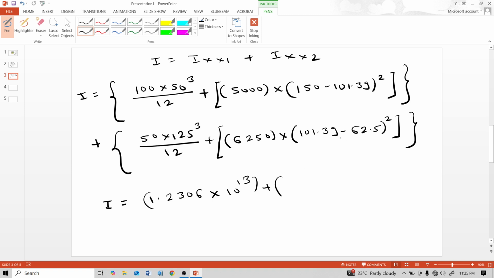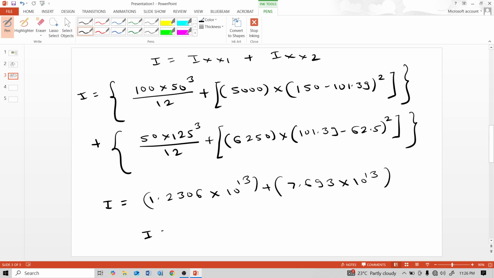Plus the second part: 101.39 minus 62.5 squared, multiplied by 6250, multiplied by 50 into 125 cube divided by 12, gives 7.693 into 10 raised to 13.